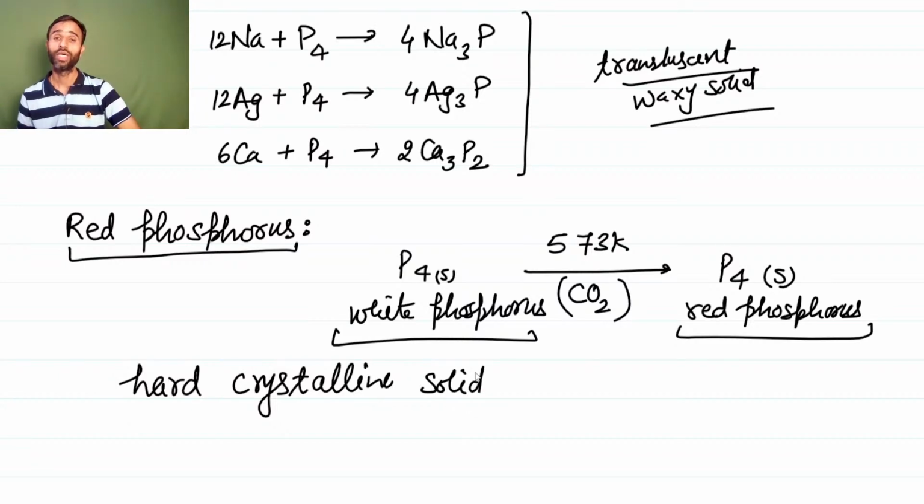White phosphorus is insoluble in water. That's why it is stored under water. White phosphorus catches fire spontaneously in air. That's why it is always kept under water.